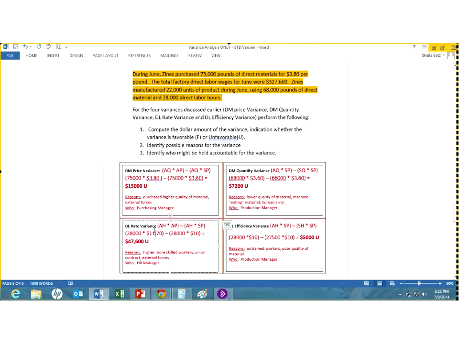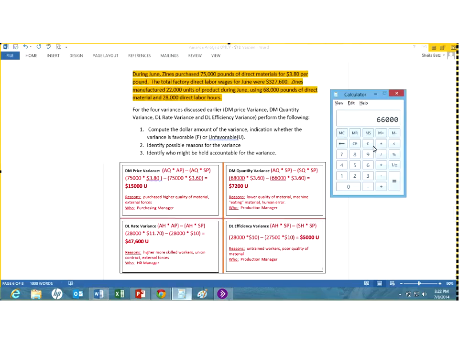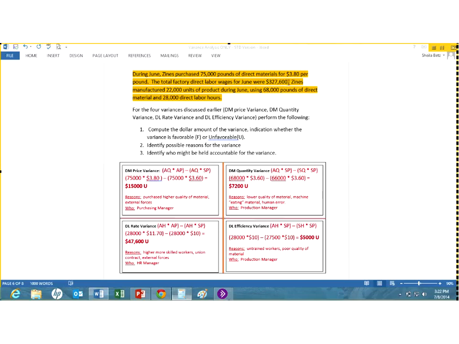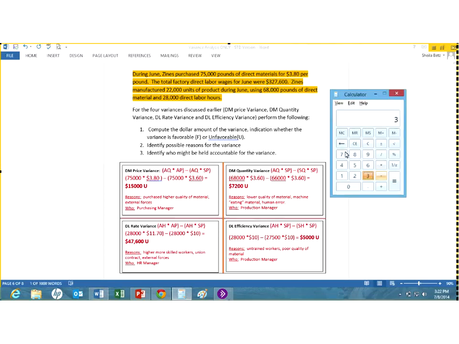Times the actual price. Nothing up here tells us how much they're paying their employees per hour. But I can back into it, because it tells us that their total factory wages were $327,600, correct? And that they worked an actual of 28,000 labor hours.